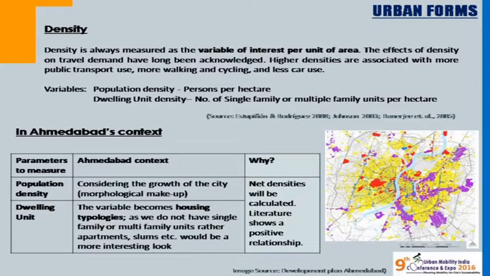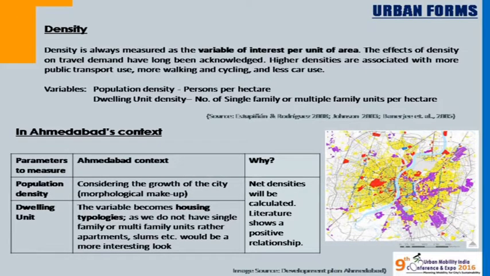The population density was taken up because of the way Ahmedabad has grown, because of the morphological makeup of the city. And for dwelling unit density, as we do not have multifamily or single family units, housing typologies like residential and commercial typologies were taken into consideration.